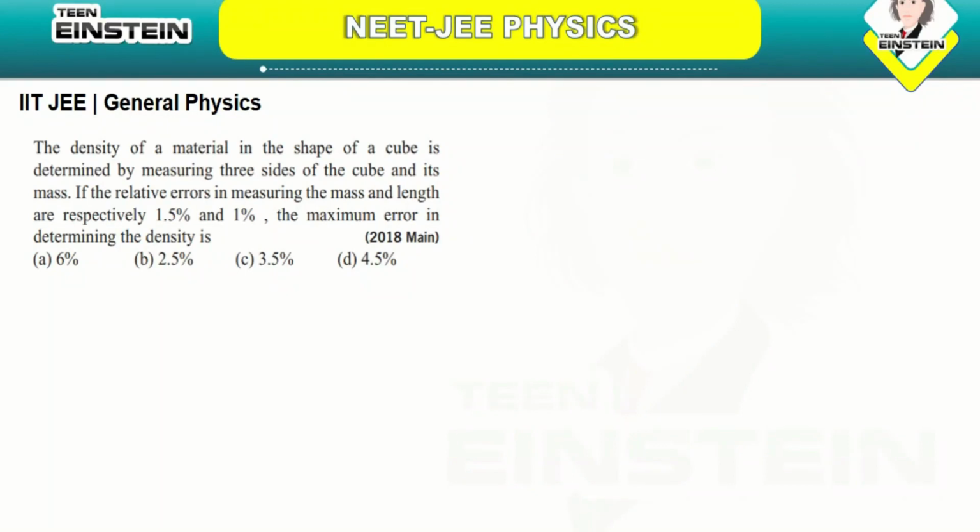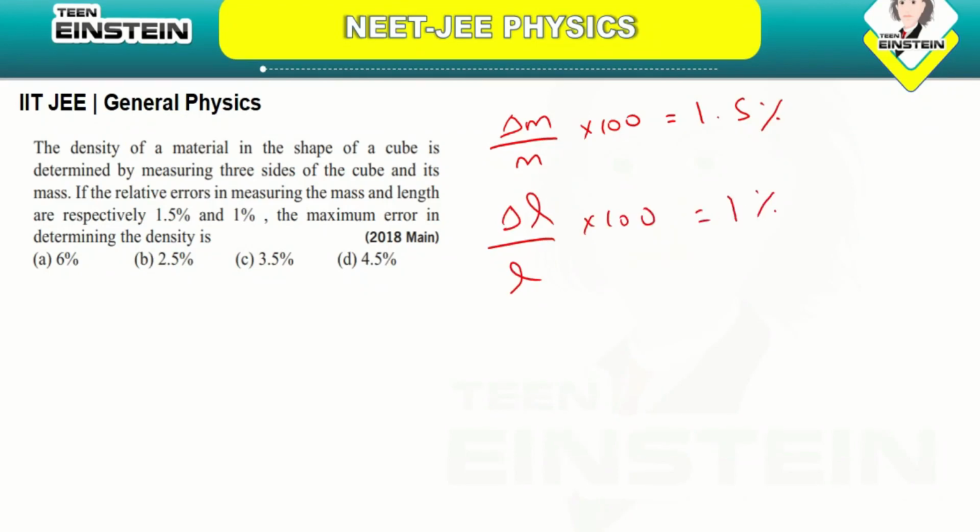Here they have given del m by m into 100 for the mass, the relative error for the mass, as 1.5%, and for length del L by L into 100 is equal to 1%.